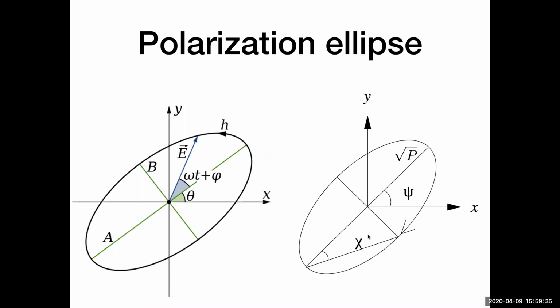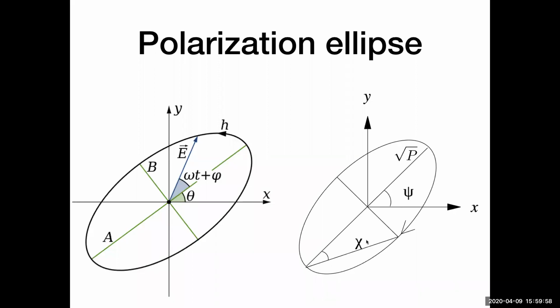If you look at this ellipse and you rotate it by 180 degrees, you've got the same ellipse again. So the polarization angle is only defined over a 180-degree range, because if you add 180 degrees, you're back at the same ellipse again. So polarization angle is only defined between 0 and 180.